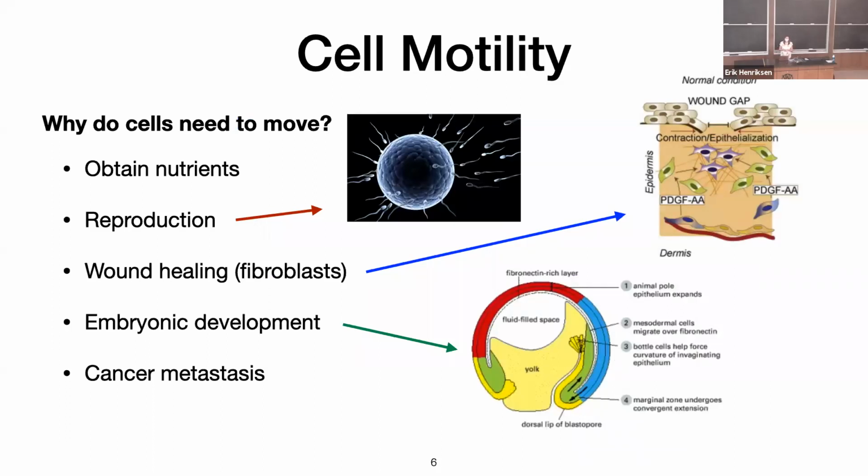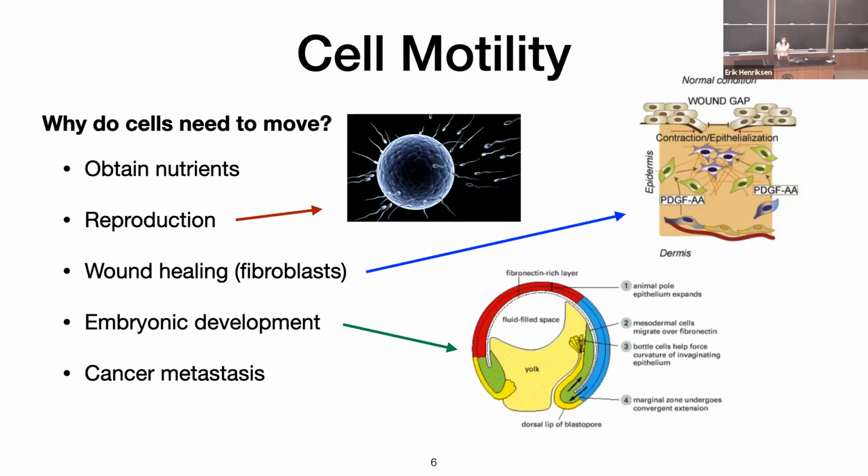Okay, in terms of cell motility, why do cells need to move? For many critical cellular functions, such as obtaining nutrients, for reproductive purposes, so sperm, for example, that's still cell migration, a different type than I'll be considering, but still important. Wound healing, so fibroblasts will remodel the tissue if there's a wound, and they'll secrete some collagen and reform the matrix.